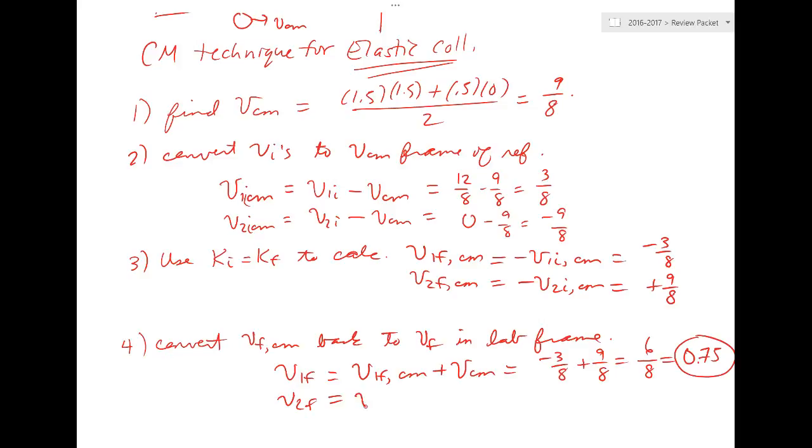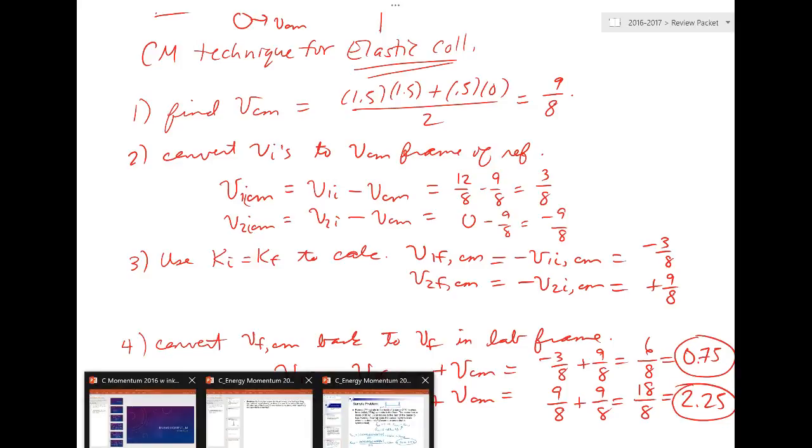Okay, V2 final is going to be V2 final center of mass plus V center of mass. So that's going to be 9/8 plus another 9/8, which is 18/8, which is 9/4, so that's 2.25, which is also what we found doing this the long way before.